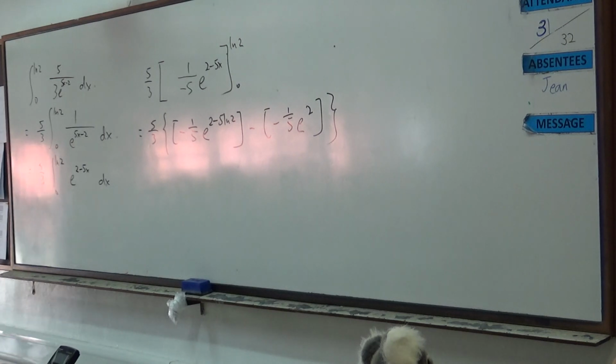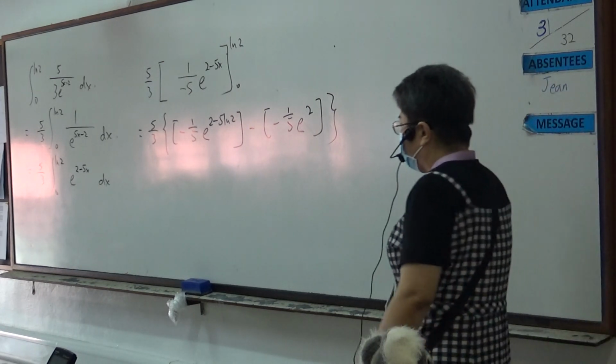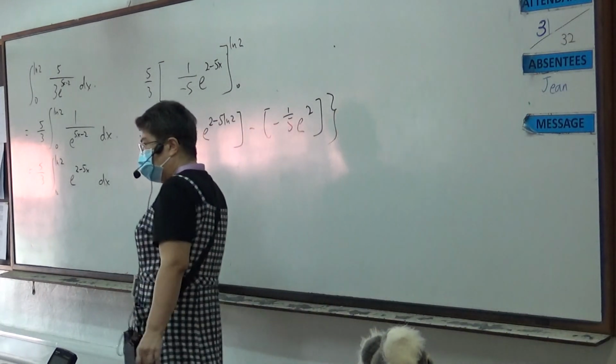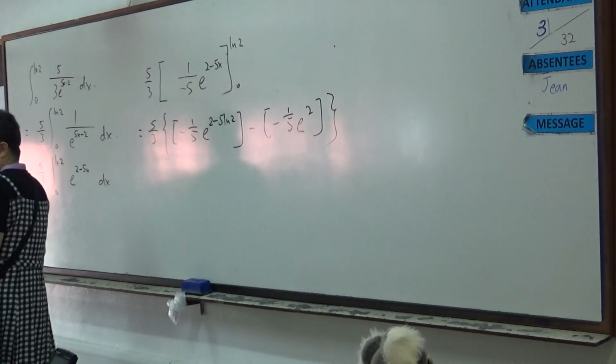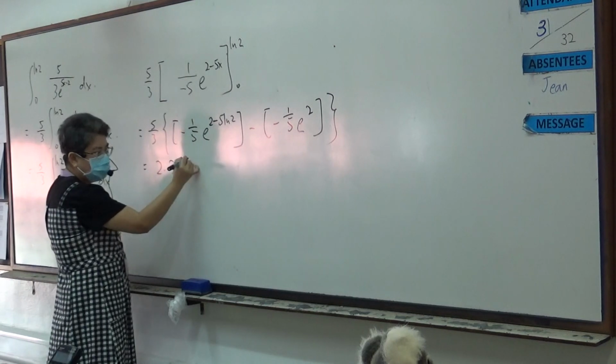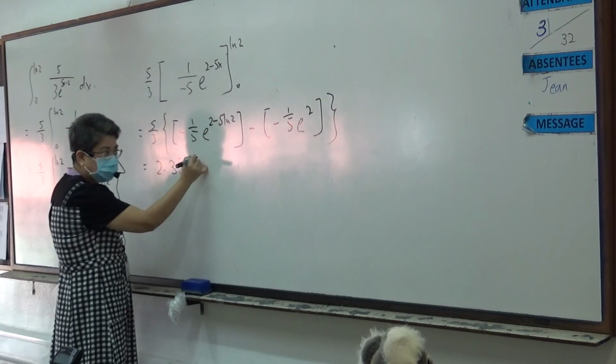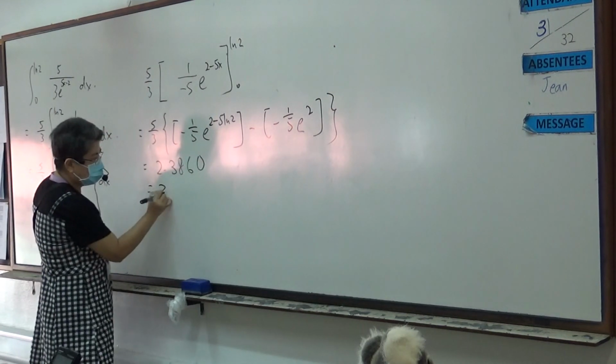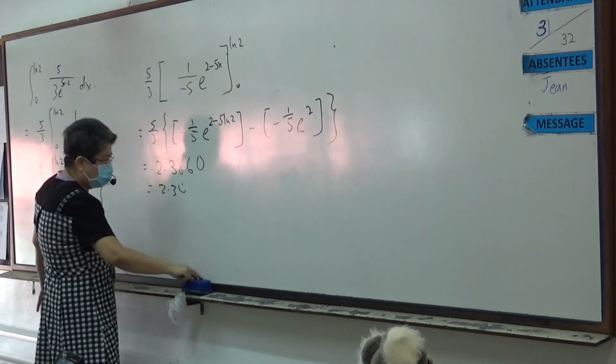Give me the decimal, 5 truncate first. What's the answer? 2.38 something, 60. So the answer is 2.3.